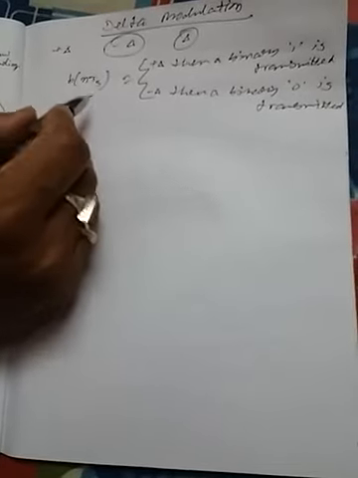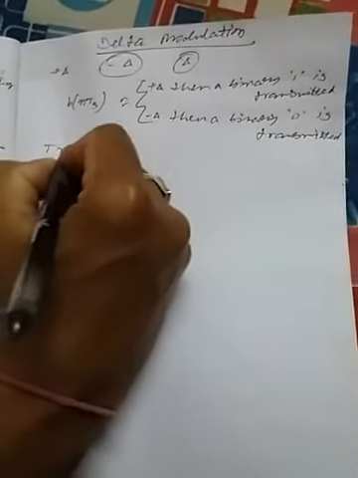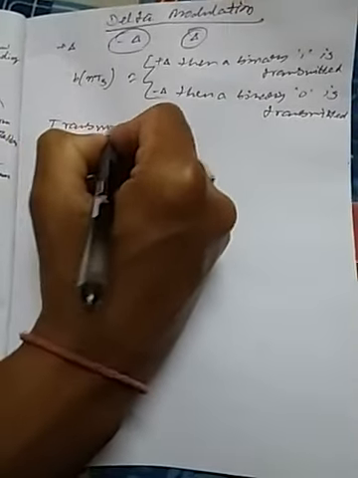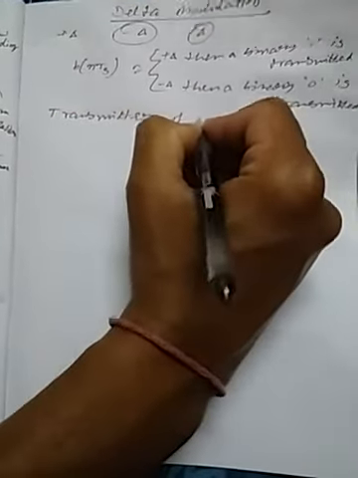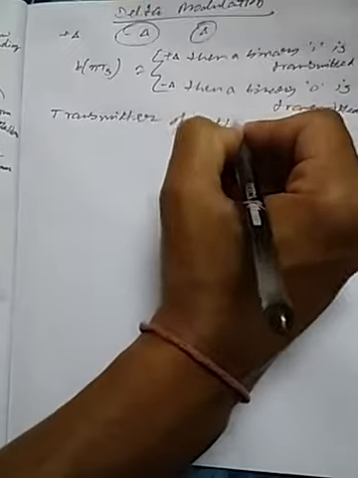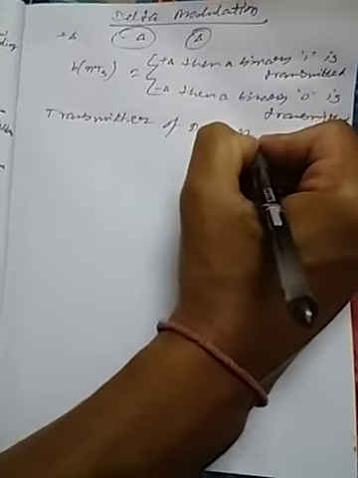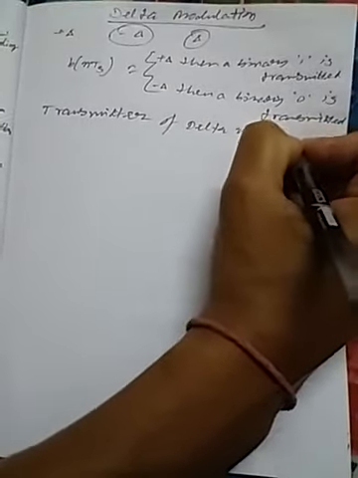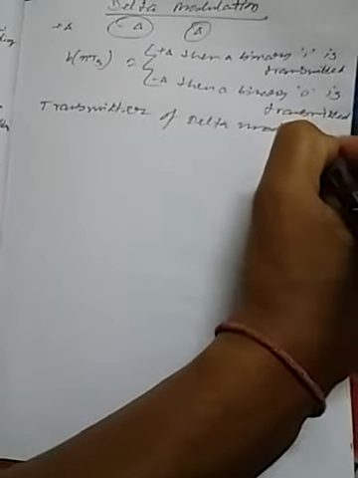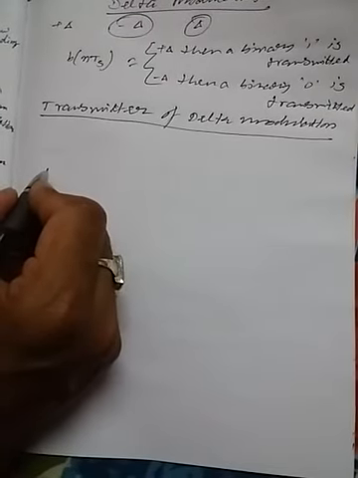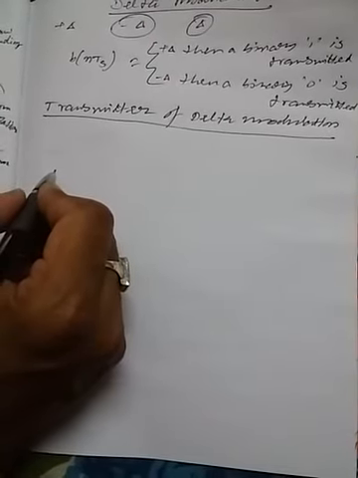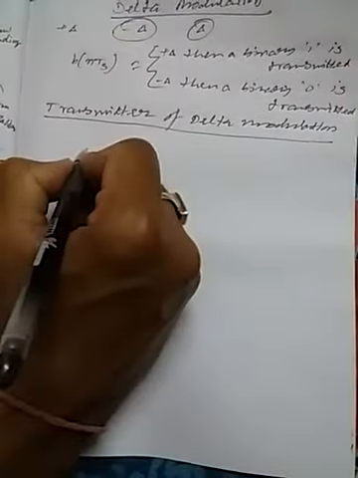Now, the transmitter part of delta modulation. The block diagram for the transmitter of delta modulation consists of a summer.